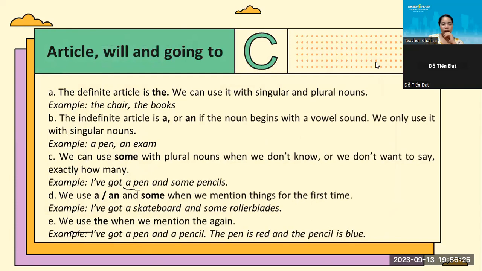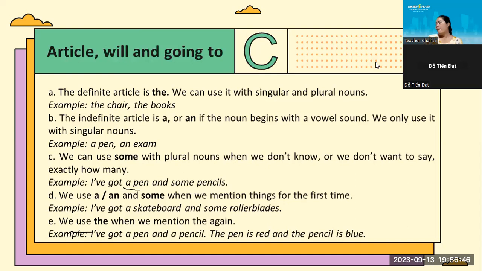The definite article is the. We can use it with singular and plural nouns. Example, the chair, the book, the adjective. The indefinite article is a or an if the noun begins with a vowel sound.